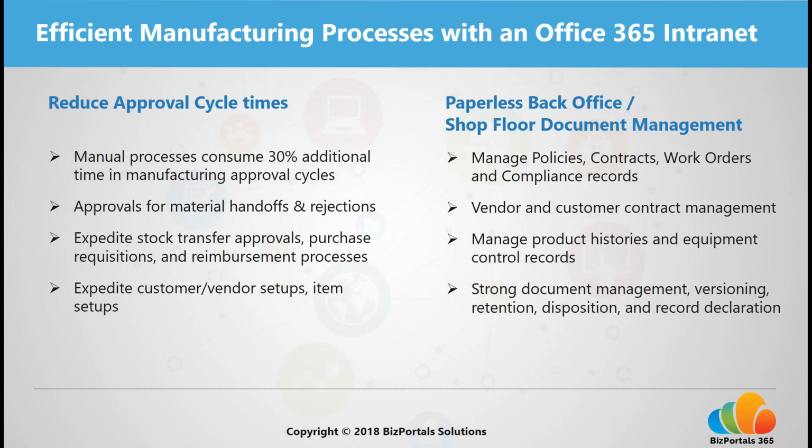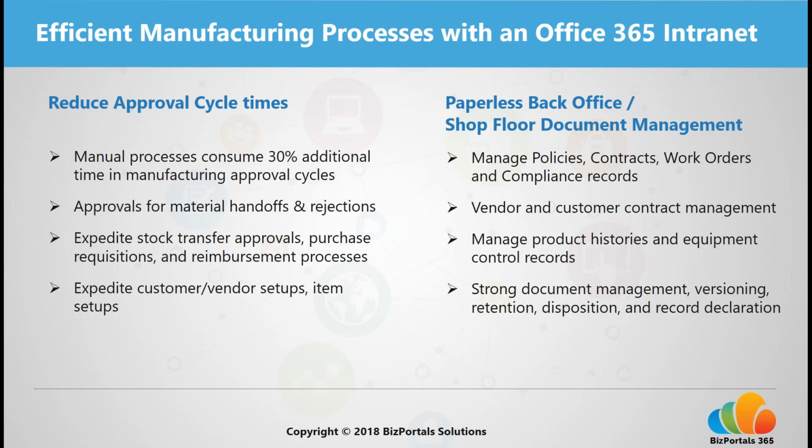Again, in most organizations those are manual processes and they take a lot of time. So with an Office 365 intranet, we can digitize all of these processes. You can also expedite customer and vendor setups, be it in your operation system or in your distribution systems. So you can expedite the setups, item setups, you need approvals for those. And again, all of that can be handled with the intranet solution.